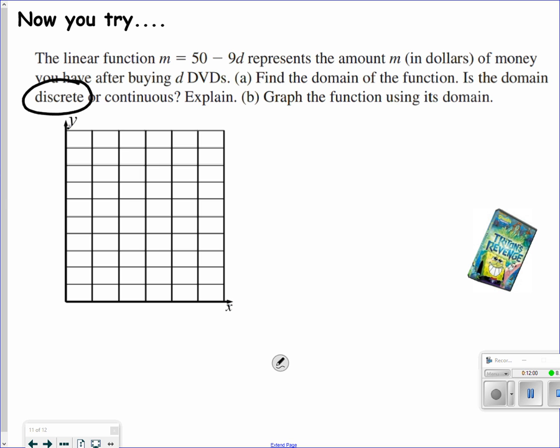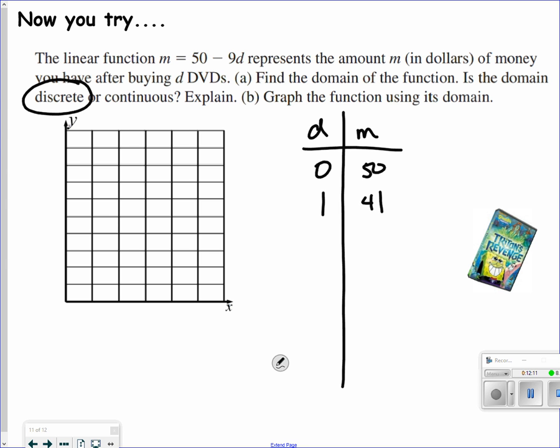And so I'm going to buy DVDs, and how much money will I have? So if I don't buy any DVDs, I actually still have 50 bucks. If I buy one DVD, 41, two DVDs, 32, three DVDs, 23, four DVDs, 14, 5 DVDs, and $5.